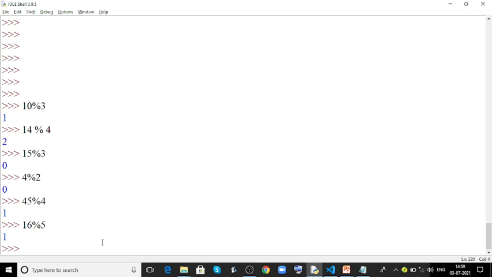What is the remainder value? This operator will give that value. Next, I try a bigger number divided by 4. Can you guess what the remainder value will be?